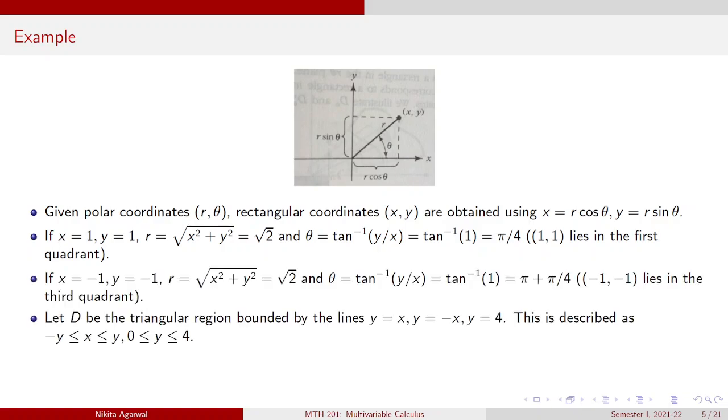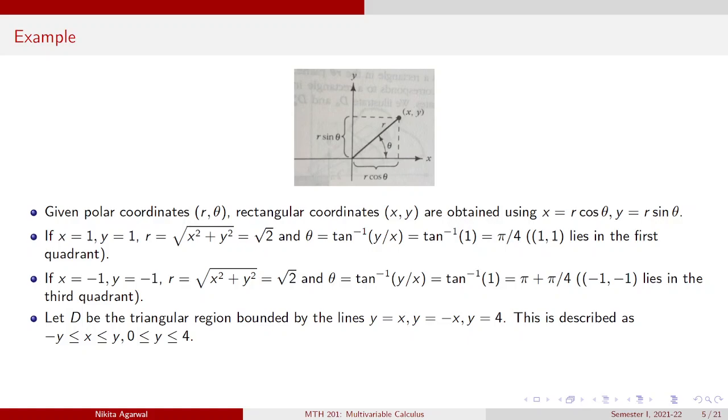Now, suppose D is the triangular region bounded by the lines y equal to x, y equal to minus x, and y equal to 4, right? So the question is, if you convert this into polar coordinates, what happens? So I have not given you the picture here.